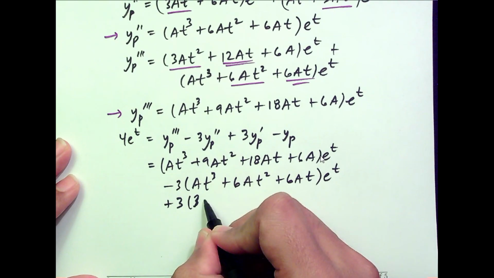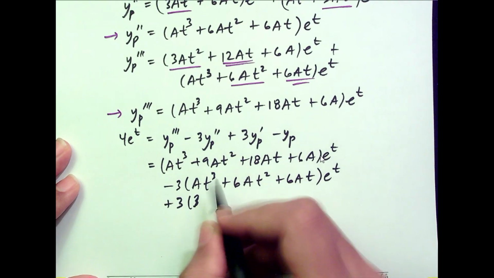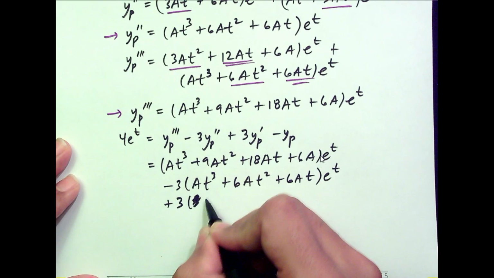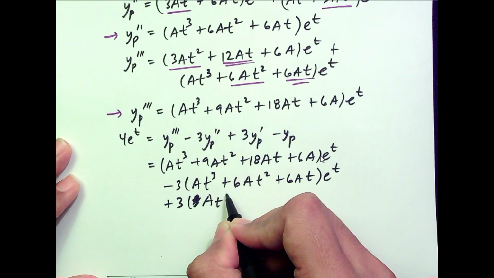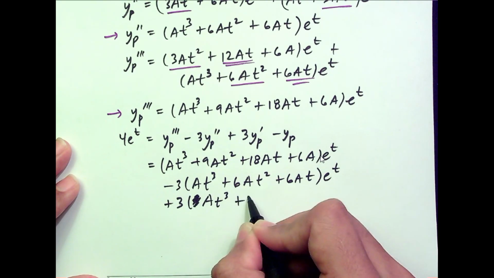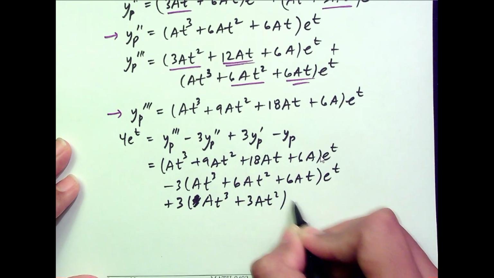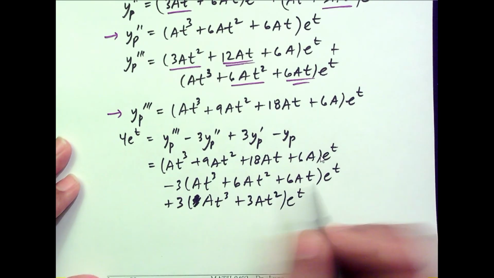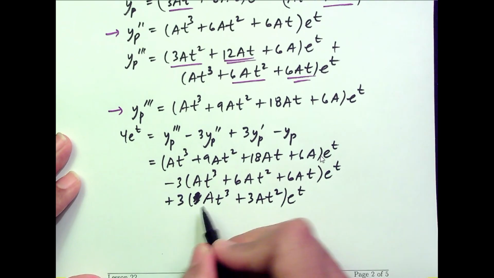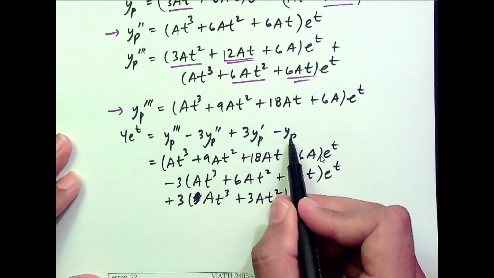3, oops, a t cubed plus 3a t squared e to the t. And lastly, minus yp.